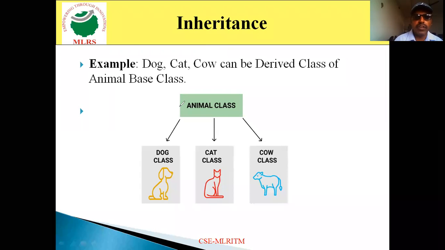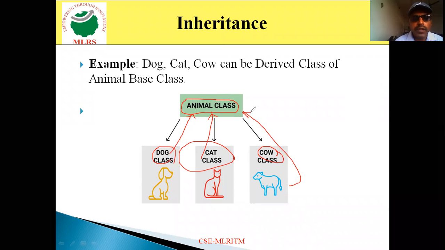Take a look at this one. Now I specify a class with the name animal. Then this animal class is going to derive dog class, cat class, and cow class. Here, the dog class is getting some common properties from the animal class. Similarly, the cat class and the cow class are also getting common properties from the animal class.